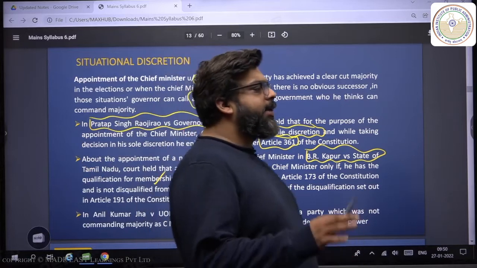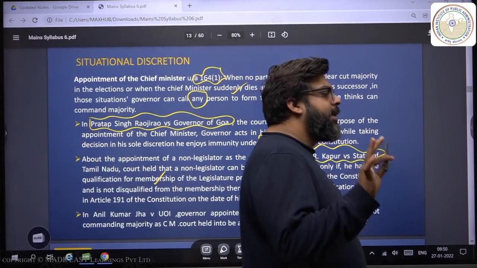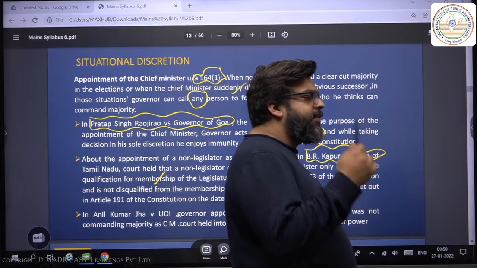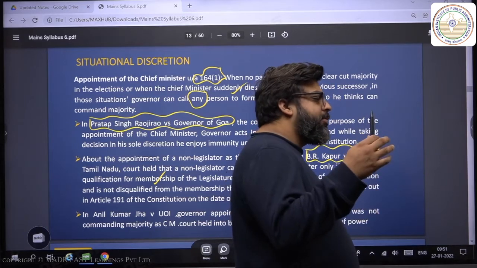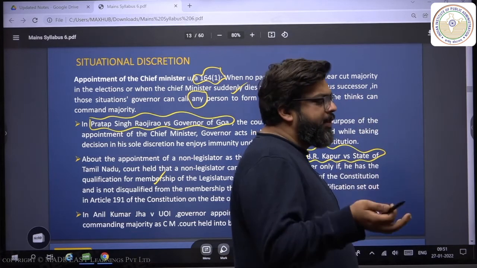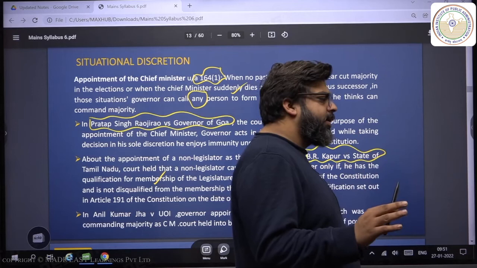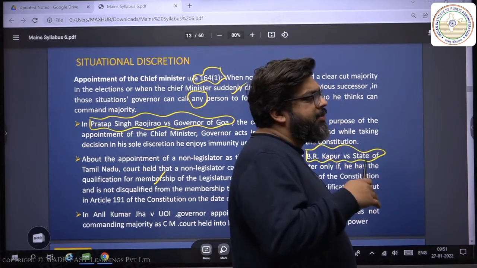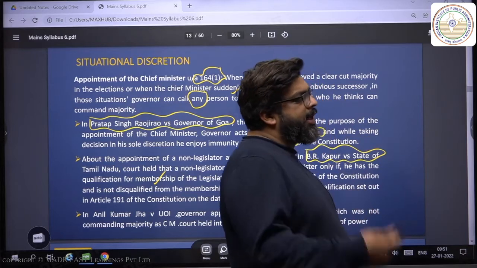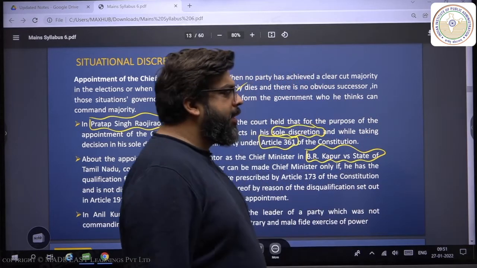So I understand that suppose one party has 100 seats, the other has 90 seats. You choose either of the two and say, even if the 90-seat party is able to command majority and get the right numbers on their side over a period of time, that is still fine. But if somebody is 100 seats and somebody is 30 seats, there is no way the 30-seat party is going to get the kind of majority that the 100-seat party is going to get.